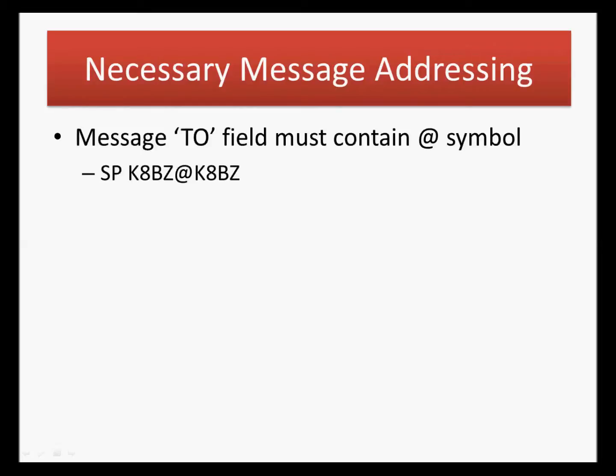So if you wanted a personal message to be forwarded, it could be addressed, for example, to SP for send private, rather, not personal. Send private message to K8BZ at K8BZ. If we just address it to SPK8BZ, it would remain on the bulletin board and wouldn't be forwarded automatically to the next bulletin board.